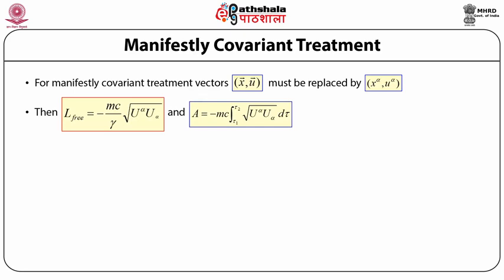Then the action integral A equals minus mc integral from tau 1 to tau 2 of the square root of u alpha u alpha d tau.